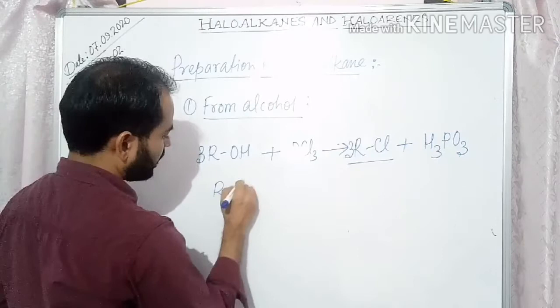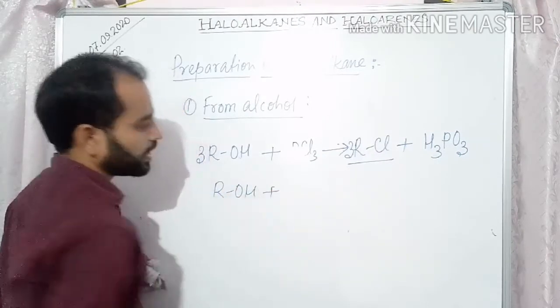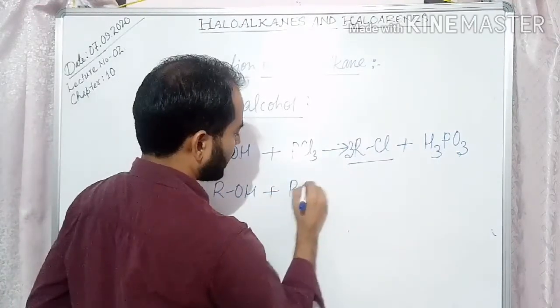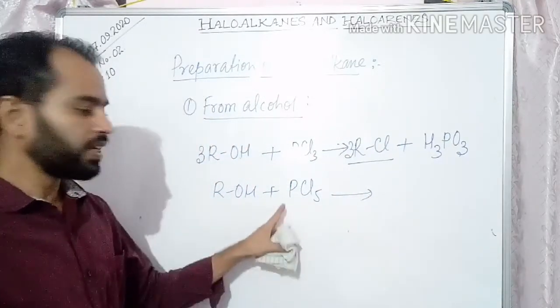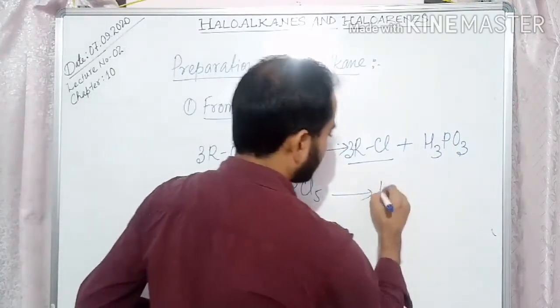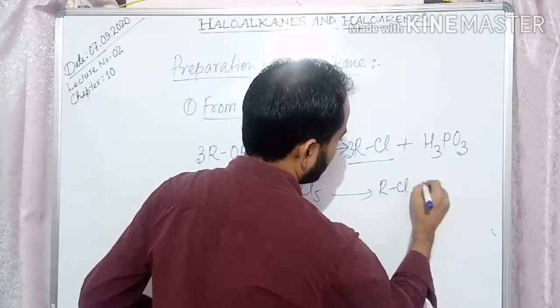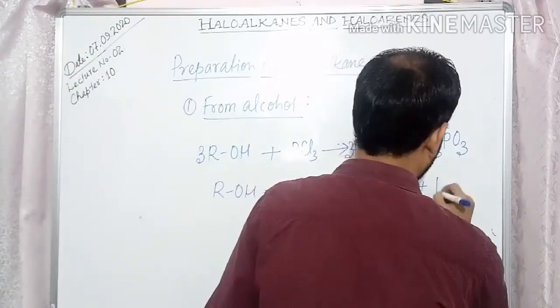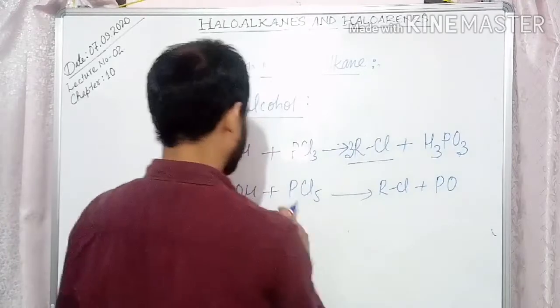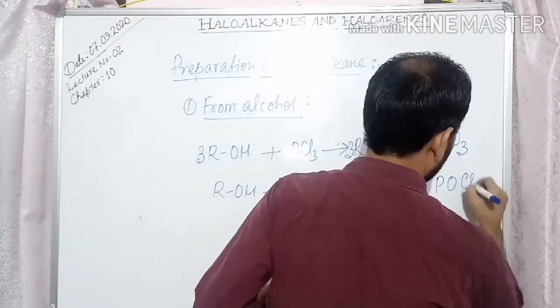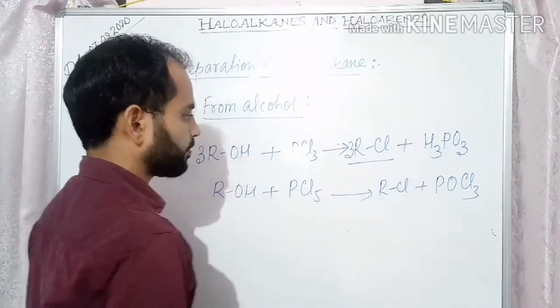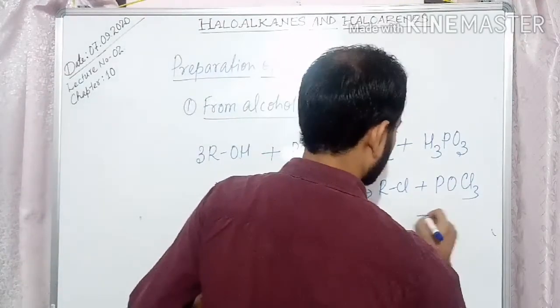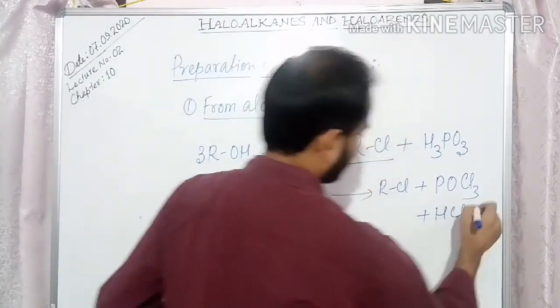Also, we can prepare if we take PCl5, phosphorus pentachloride. So again, we will get RCl plus POCl3, plus HCl.